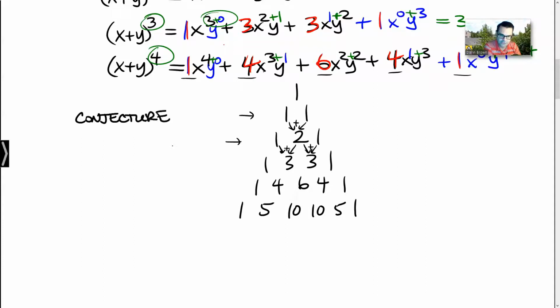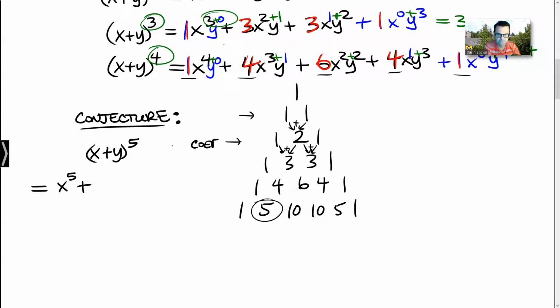And I'll let you pause the video and multiply it out to check. What should x plus y to the 5th be? If this really is holding up, if this is our guess about what's going on, we should get x to the 5th, right? Because you start with all the powers in the x. You decrease x power and increase y. So plus, then these are the coefficients, right?